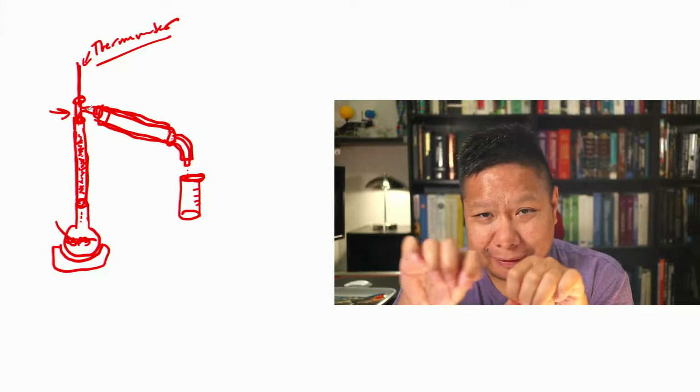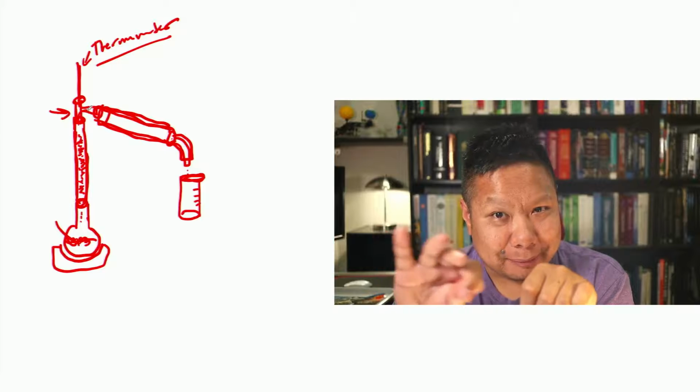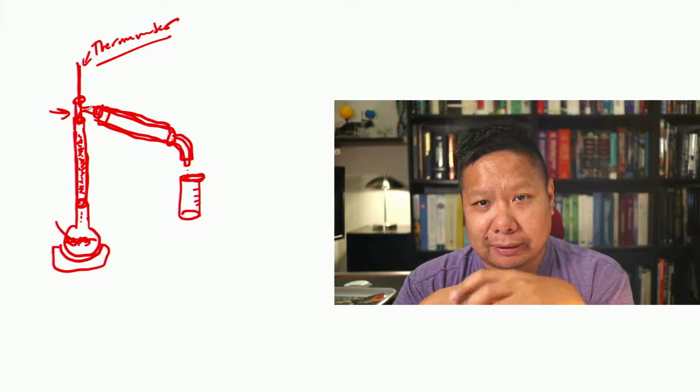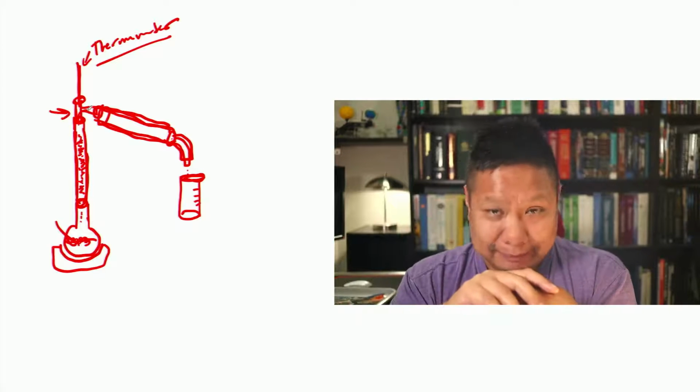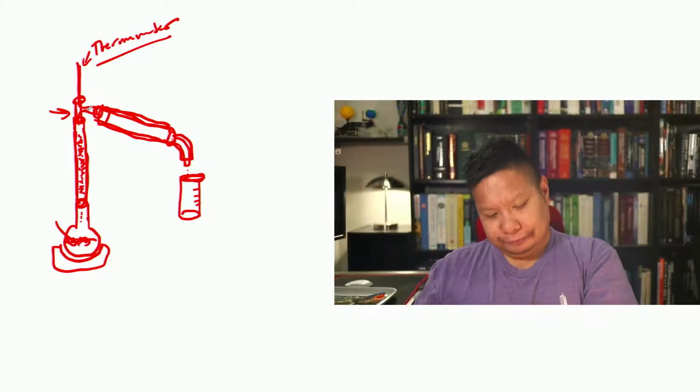You need to hold the thermometer very close to the thermometer adapter and push it in very slowly like this, so that it doesn't break on you and get stuck in your hand, and then it's a complete catastrophe. Luckily, it was an alcohol thermometer, not a mercury thermometer. Otherwise, it would be a complete mess. Mercury is toxic, so don't even get me started on that.